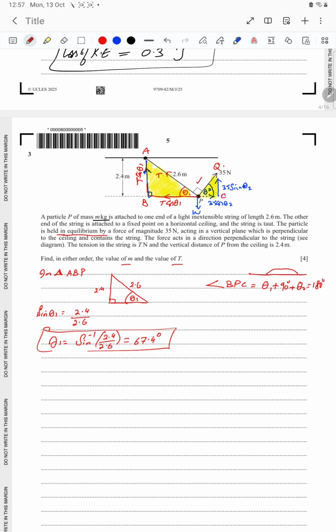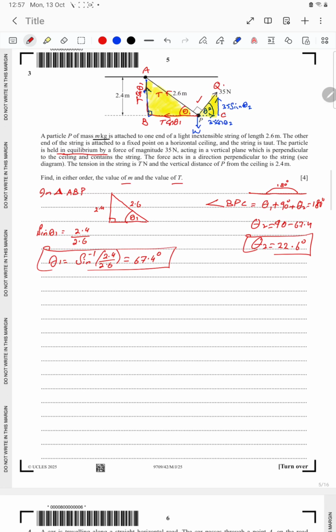We have supplementary angles on the line. So theta 2 we can find: 90 minus 67.4. You can do the calculation by yourself, or directly write the answer. That will be 22.6 degree. I got this.